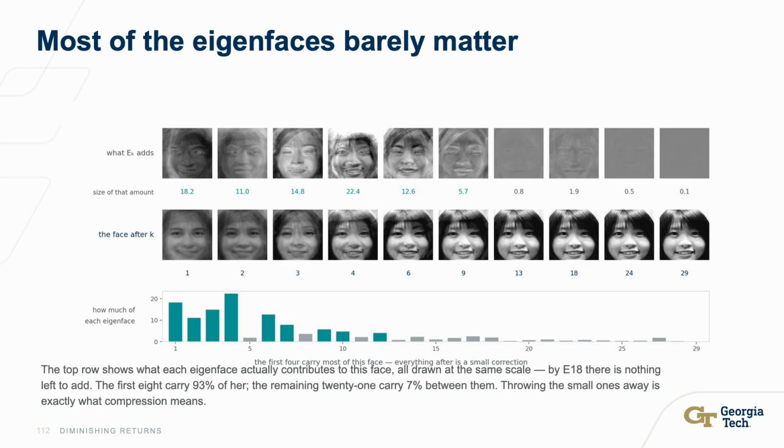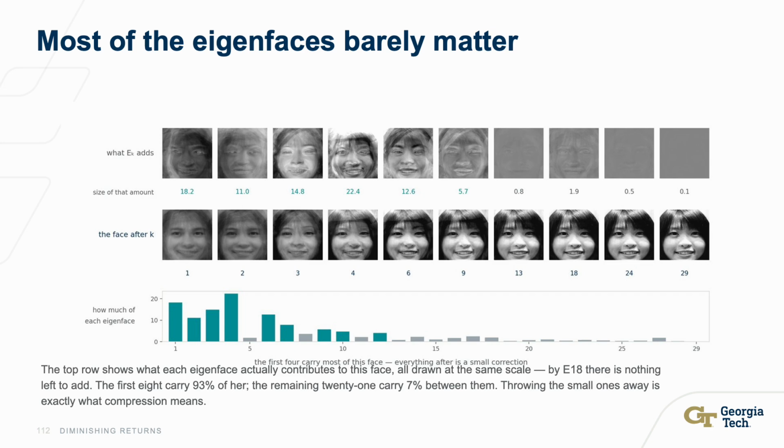The honest caveat about the bar chart: the amounts do not fall off perfectly smoothly, and one or two later components still carry something for this particular face. A reliable measurement is that no single one of them mattered that much, so dropping the tail costs little. Throwing the small ones away is exactly what compression means.